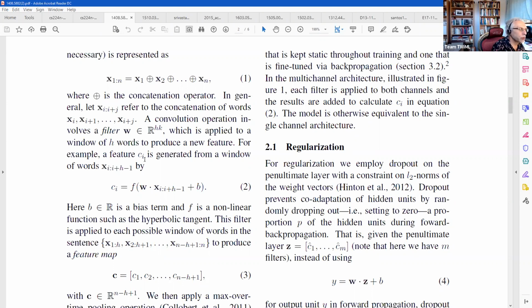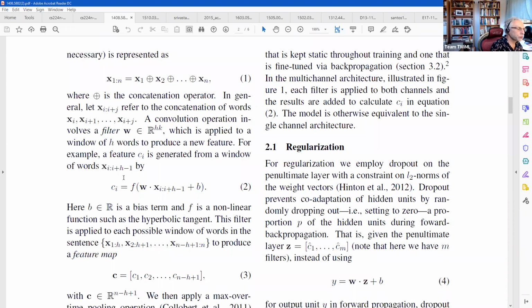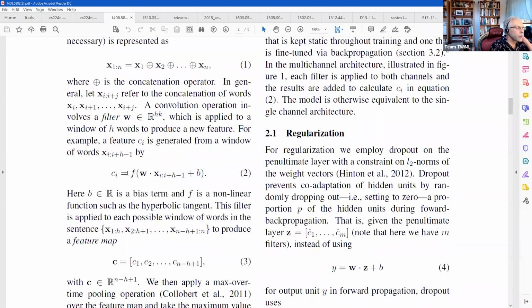So for example, a feature ci is generated from a window of words. That's the words in the receptive field of the convolution, and it's gotten by taking the convolution. Let's see. Yeah, so you have a bias, and you have a nonlinear function, which is like a ReLU.